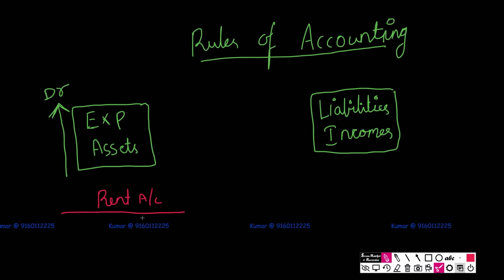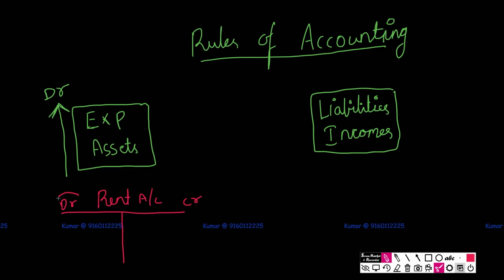We are going to divide the page into two: debit side and credit side. Whenever we are paying rent, this expense is increasing in our books of accounts, so debit it. For example, 1000 we paid, so 1000 in the debit side. On the left side we need to write 1000.